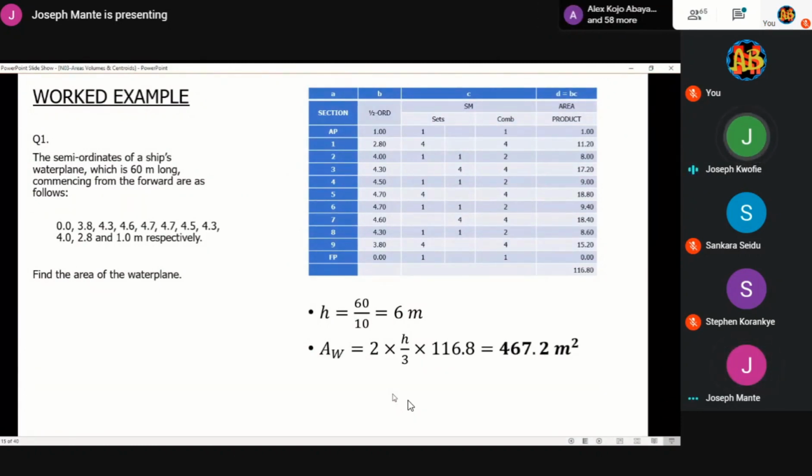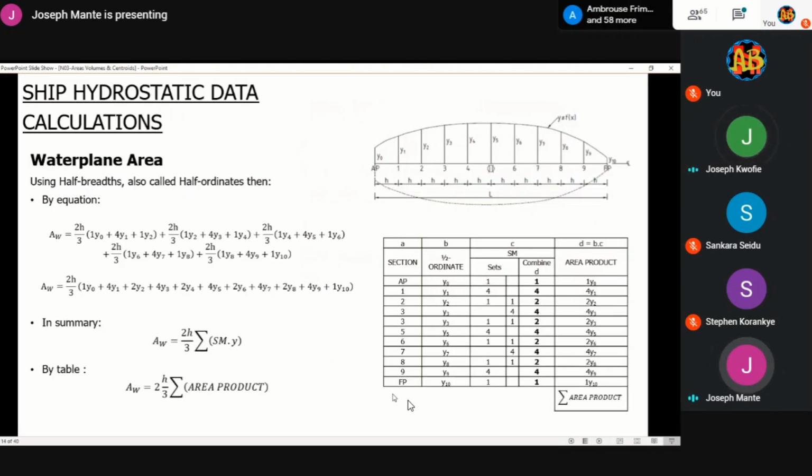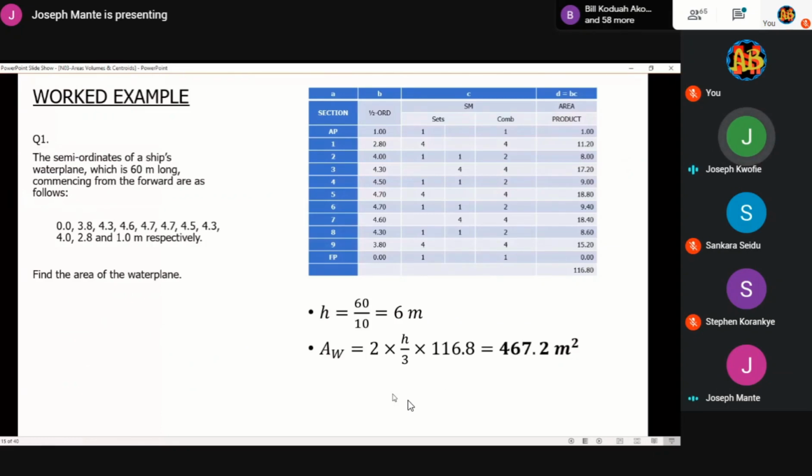Please, finding the water plane area, are you supposed to solve it straight, or do you need the table to solve it? When the question is given to you, are you supposed to create your table depending on the question, or do you solve it directly?